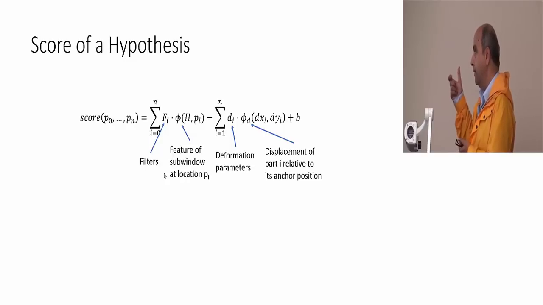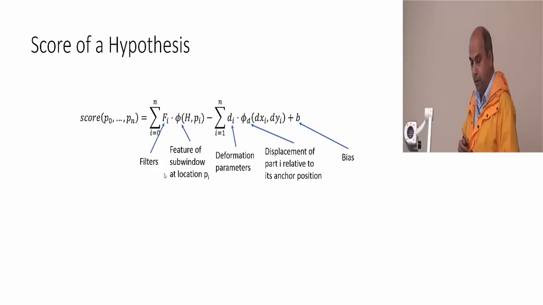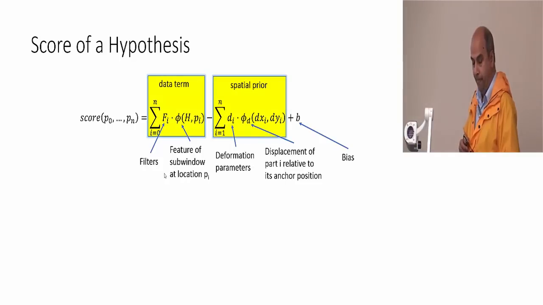I take the product of the two 4-dimensional vectors and get a scalar, which is the deformation cost, and b is the standard bias. Every SVM has that. So this is a data term, and this is a spatial prior, or the deformation cost.